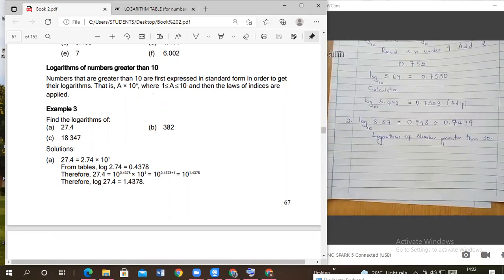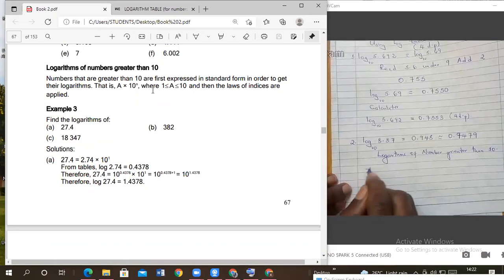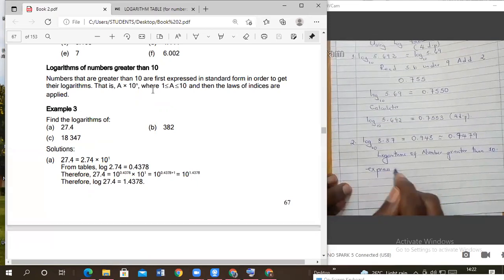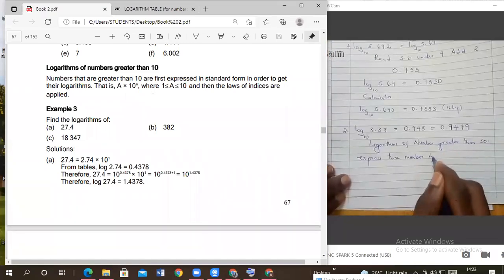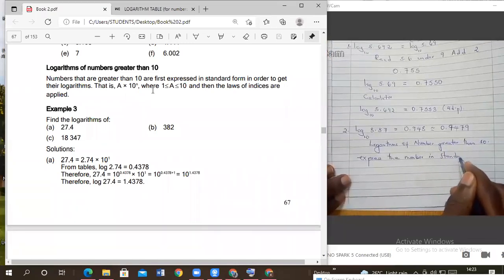How do you read them? We say numbers that are greater than 10 are first expressed in standard form. So you have first to express the number in what? Standard form.